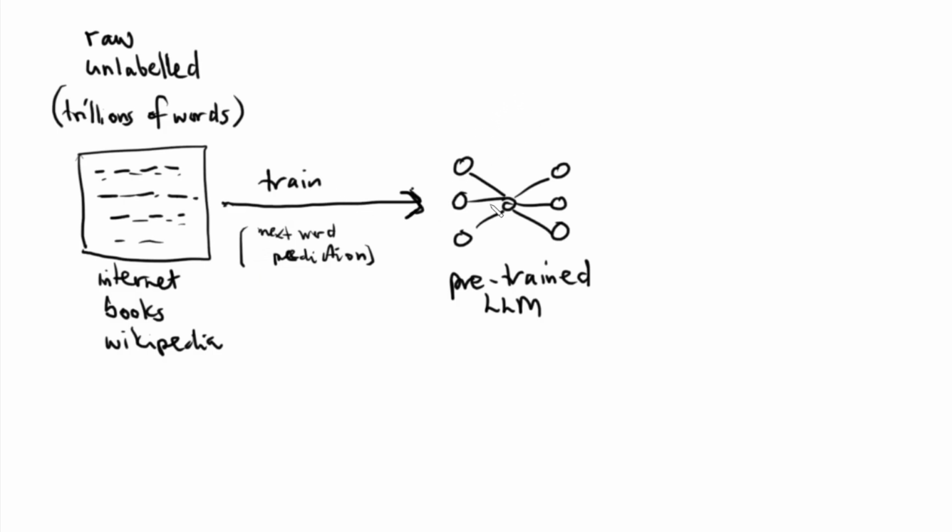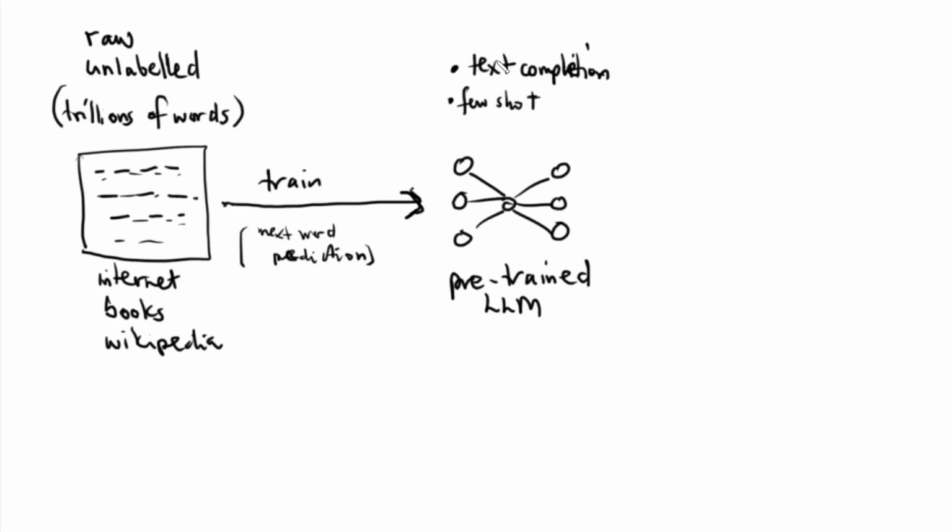And this pre-trained LLM can do text completion. You give it a bunch of text, and it will complete it. It can do text completion, and it has some few-shot capabilities.